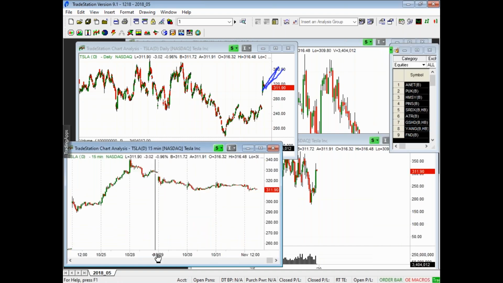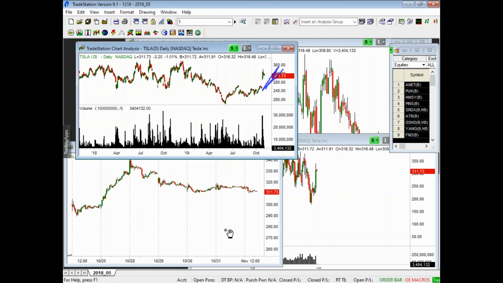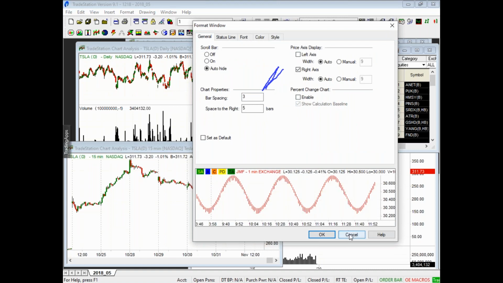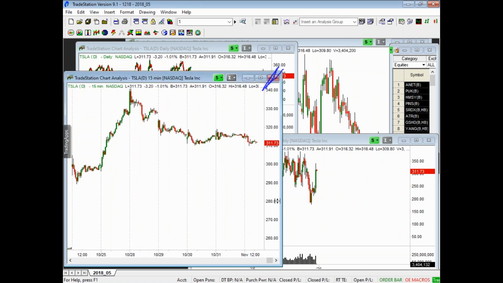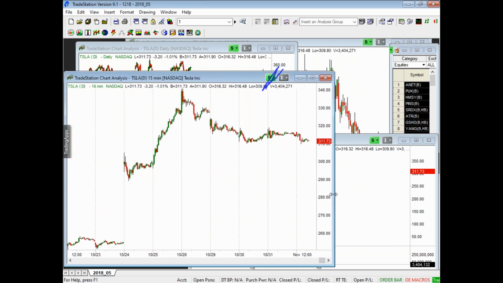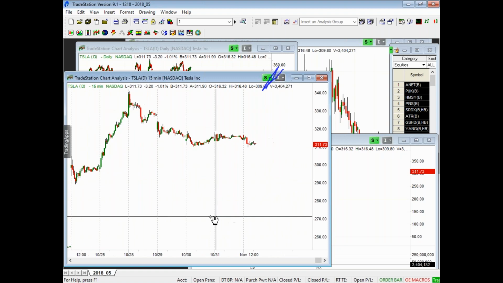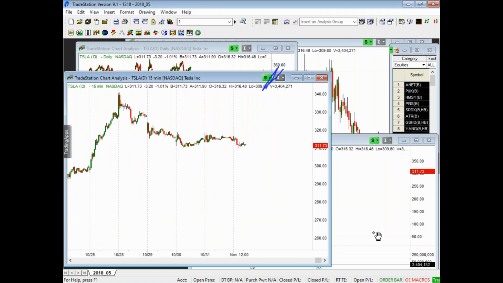Let's look at what Tesla's doing here intraday. The way this is starting, we really cannot rule out that shallow avalanche because it has that more gradual move here.